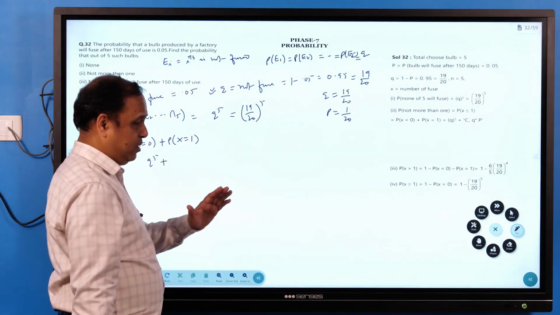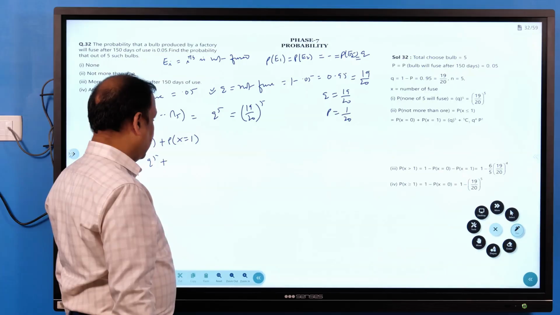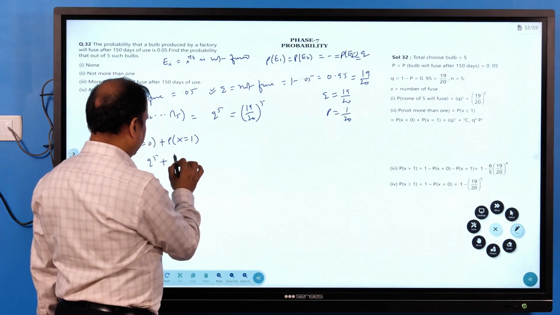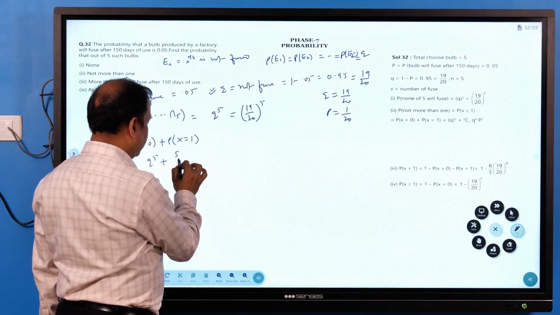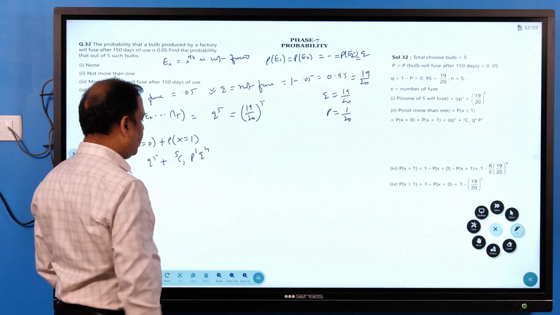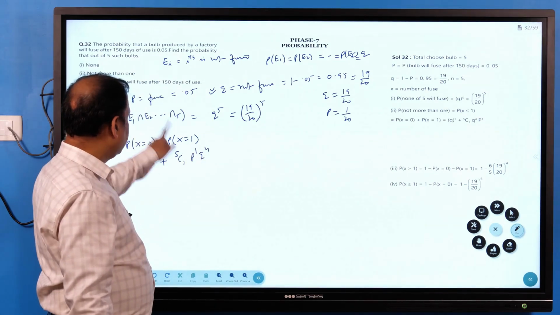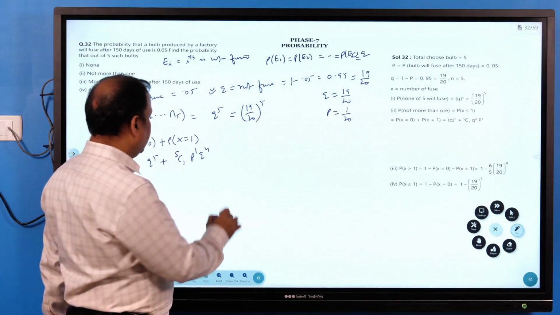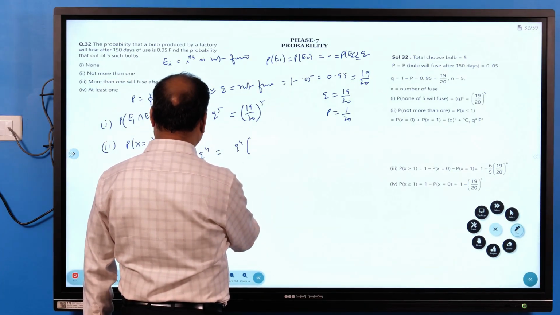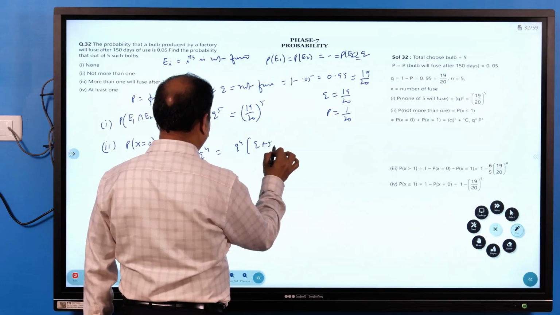Out of 5, 1 is fusing, so 4 are not fusing. 5C1, P raised to power 1, Q raised to power 4. The one which is fusing is P raised to power 1. So from this I will take Q raised to power 4 common, Q plus 5P.